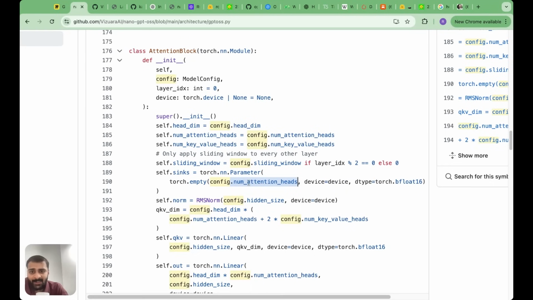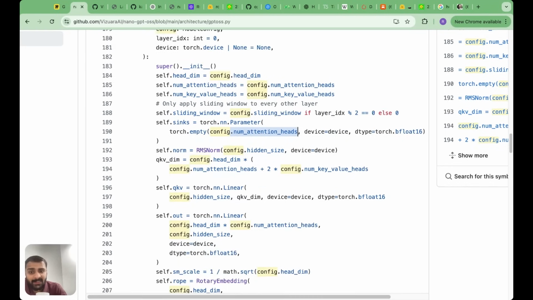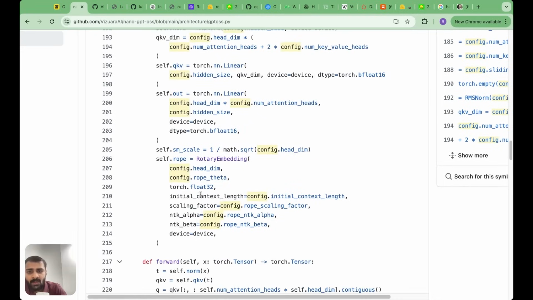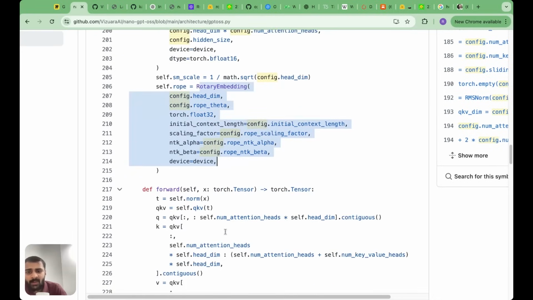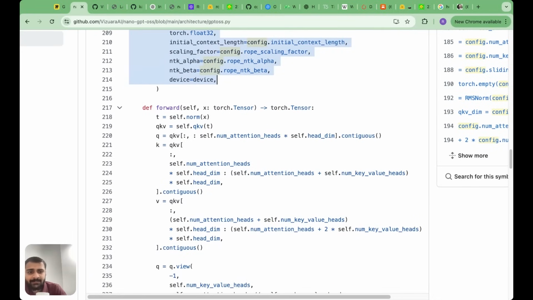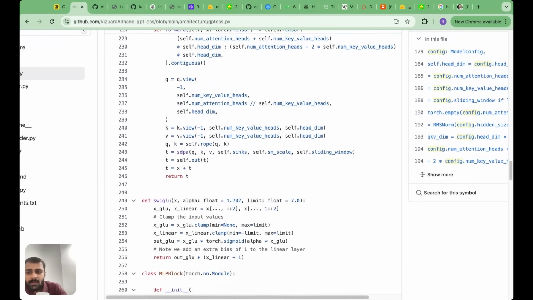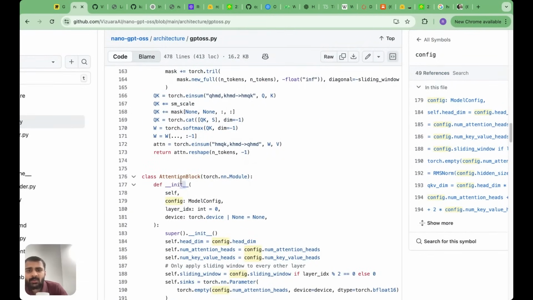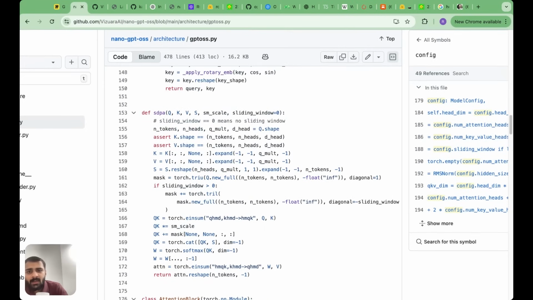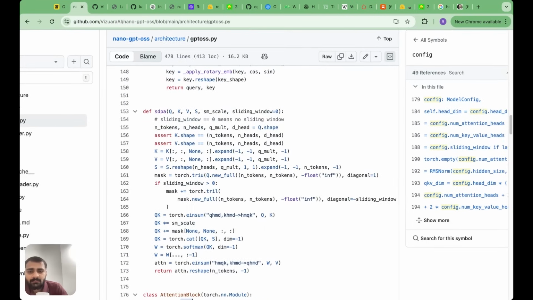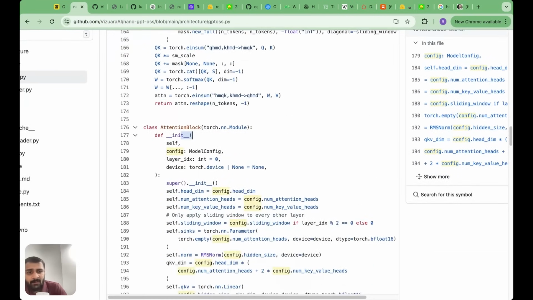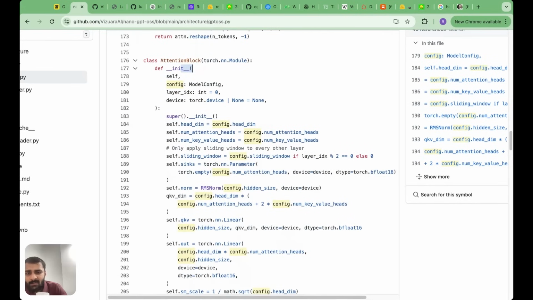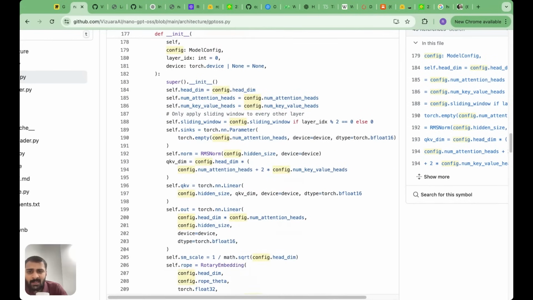We covered this in the attention bias and the attention sinks section. This is where RoPE is applied to the query and the key embeddings. So this block is actually extremely important, and in the theory we spent a lot of time understanding every single aspect which is covered in this block.